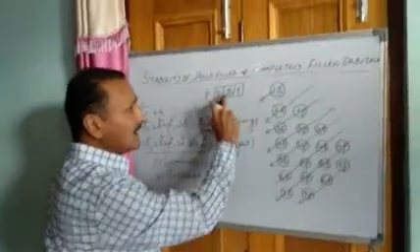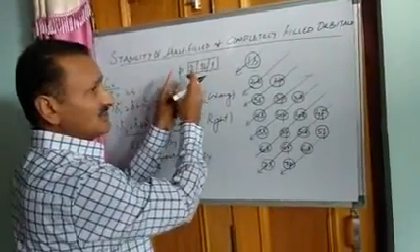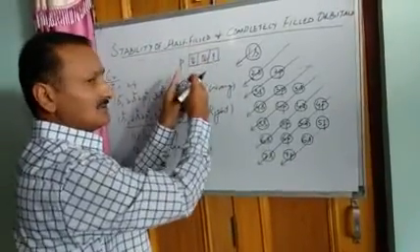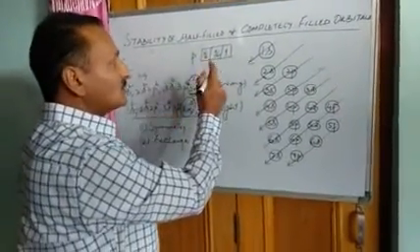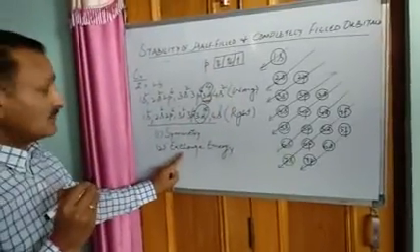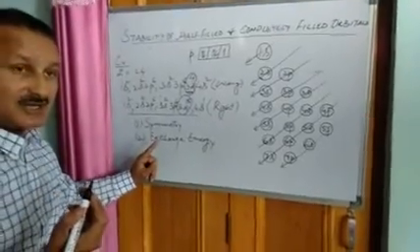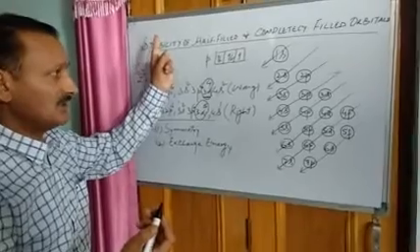These electrons can exchange energy within the same subshell, that is within these orbitals. They can exchange energy. So if they exchange energy, that energy is known as exchange energy. Higher the exchange energy, higher will be the stability.